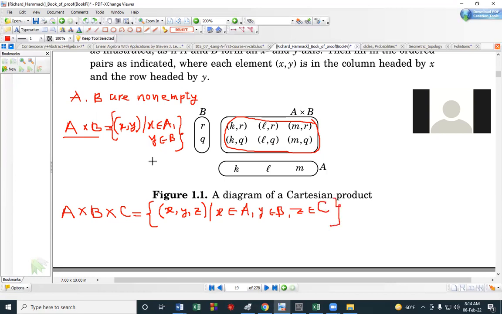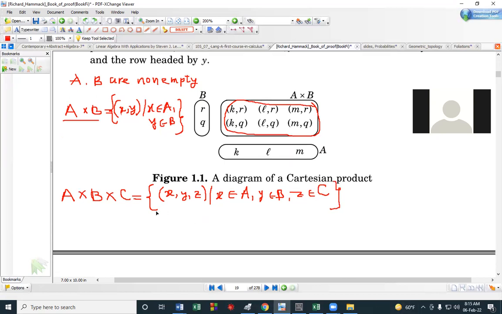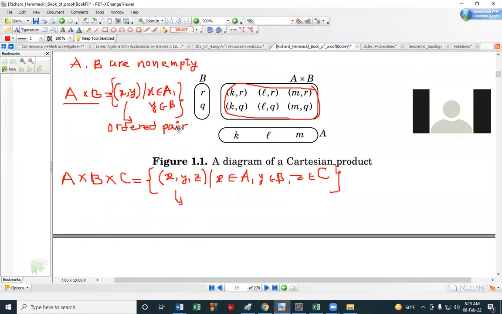As we said, A cross B is the set of ordered pairs. Here we say this is the set of ordered triples. We call them ordered pairs, and these are called ordered triples.